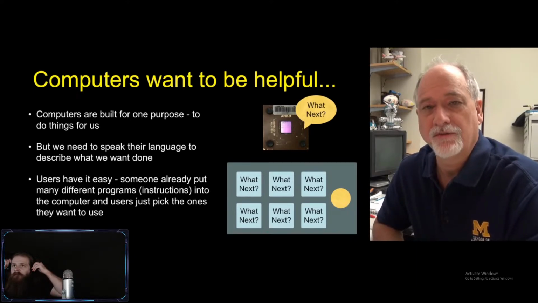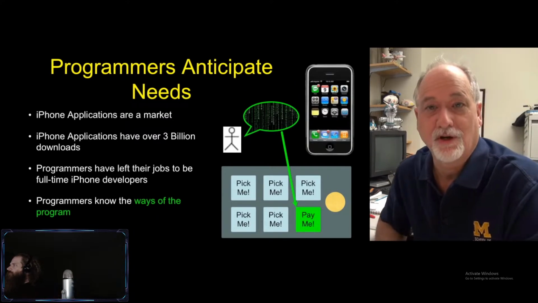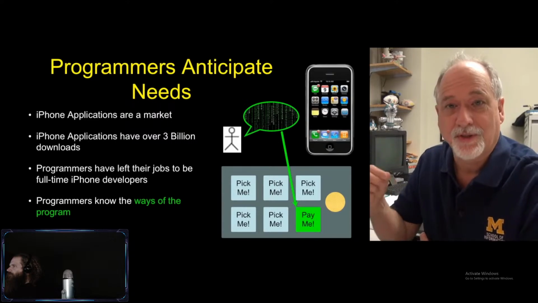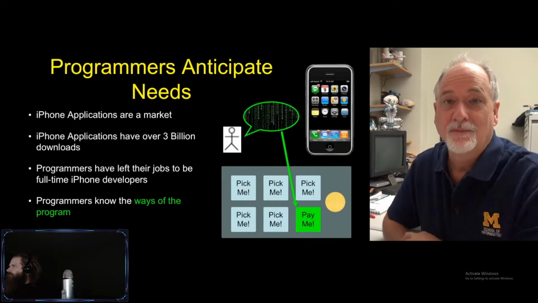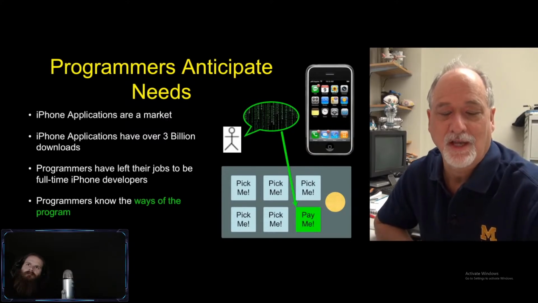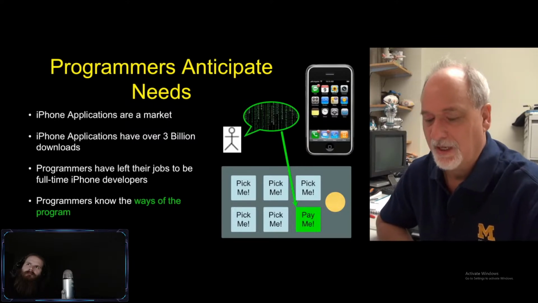It is much easier for us to learn to speak their language than it is for them to learn to speak our language. Although, with these cell phones, we're starting to see little bits where they can begin to understand, but you would be amazed at the 40 or 50 years that has taken us to understand how to build programs to begin to understand.